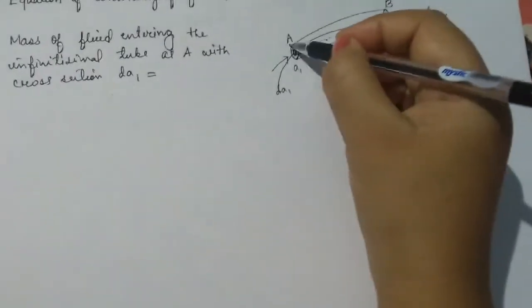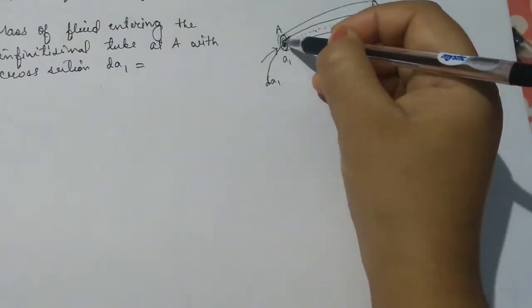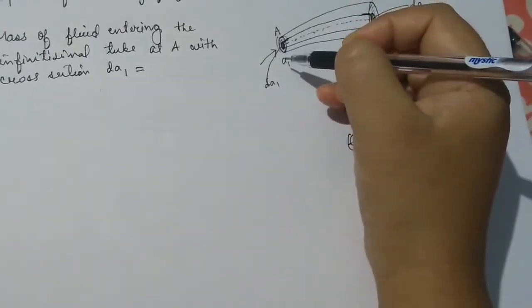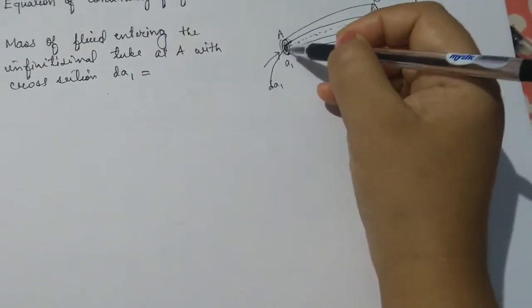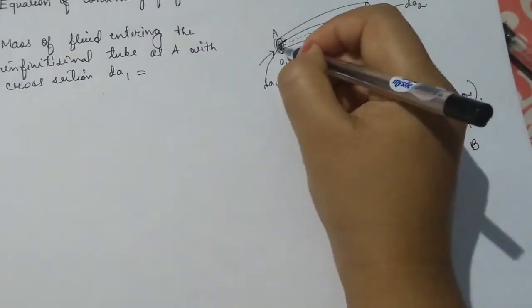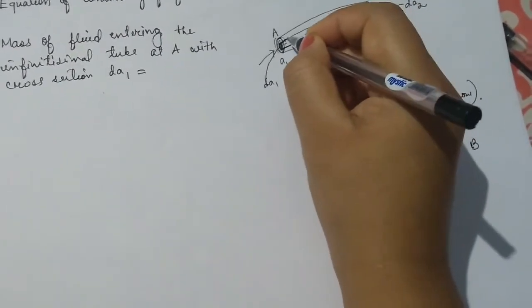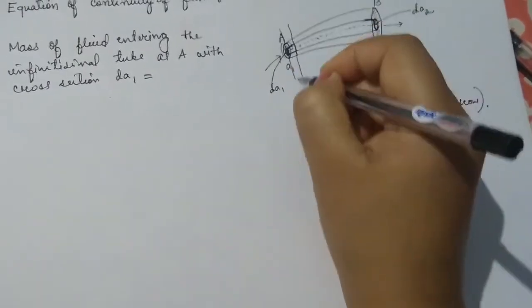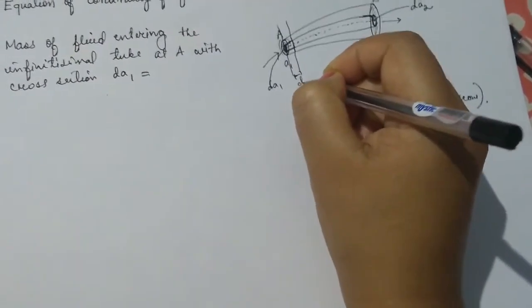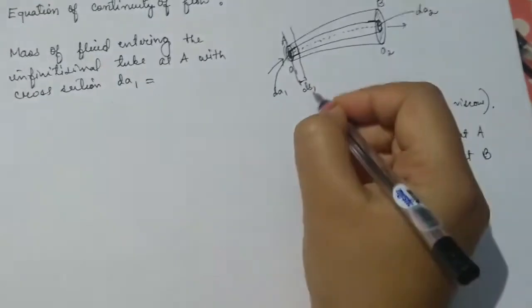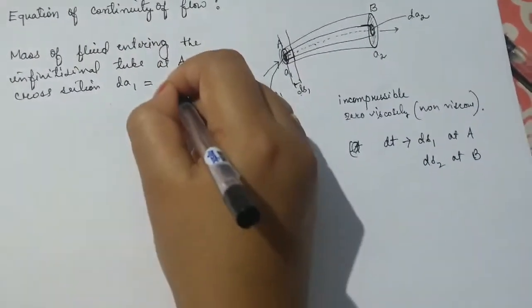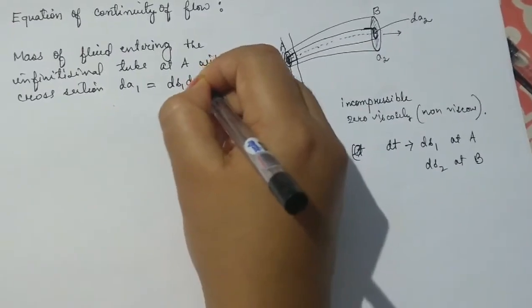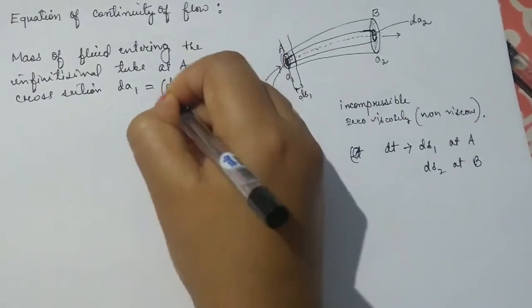The whole section is A1, but this small infinitesimal tube has a cross section of dA1. In time dt it travels a distance ds1. So ds1 into dA1 is the distance into area, and this is the volume.